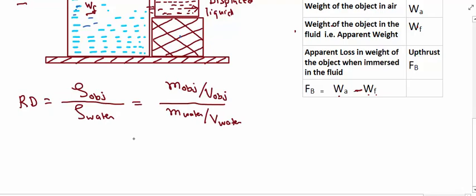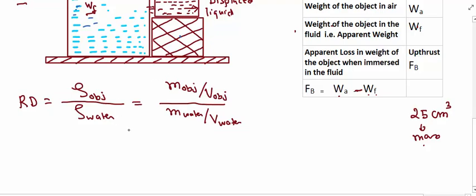Now, to measure or to know the density of water, I can take any volume of water, isn't it? Let us say I take 25 centimeter cube of water. I'll measure its mass, and that mass divided by 25 centimeter cube will give me density. So I can take any volume of water and find out its density.